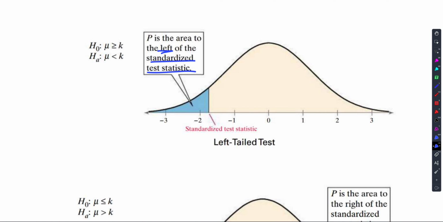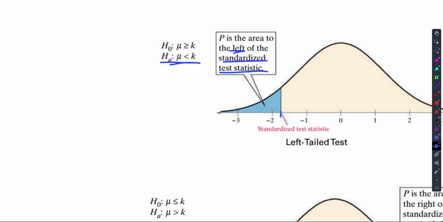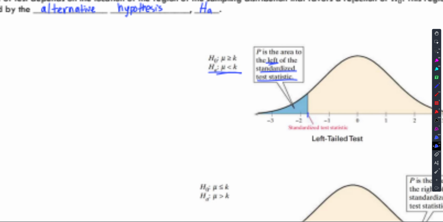So the value that you calculate with that formula will create the tail, and since this is a left-tailed test, it would be the area to the left. We know it's a left-tailed test because we look at HA, and what symbol do I see in HA? Less than.